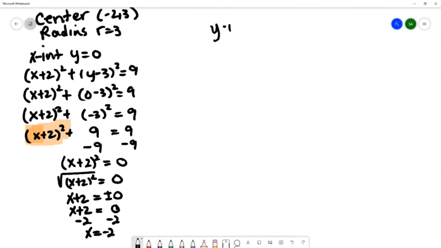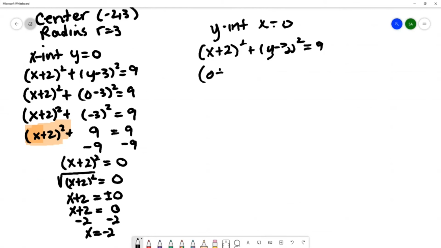You find a y-intercept by letting x equal 0. So once again, we have our equation of the circle being x plus 2 squared plus y minus 3 squared equals 9. We'll substitute a 0 in for x, and then solve the equation that remains.